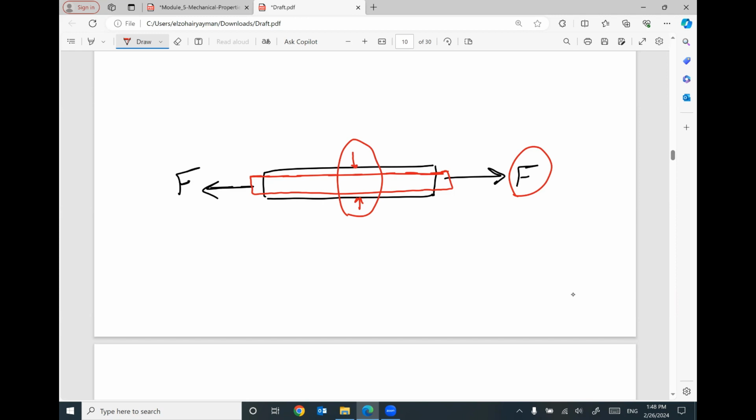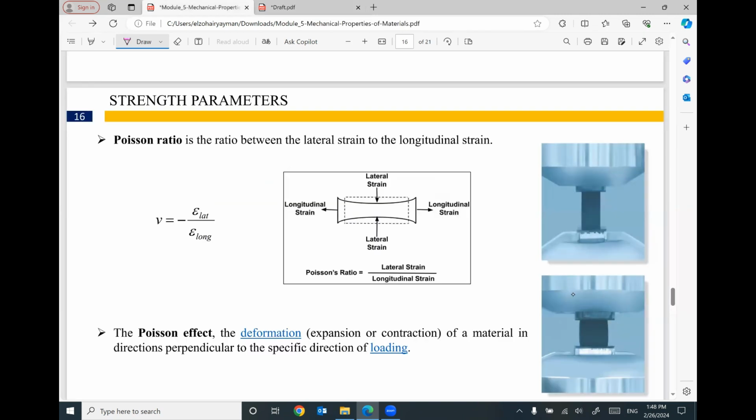If you divide what happened in the lateral direction and what happened in the longitudinal direction, this is called Poisson ratio. Poisson ratio, which is called nu, is the ratio between the lateral strain, what happened in the lateral direction, to what happened to the longitudinal direction.